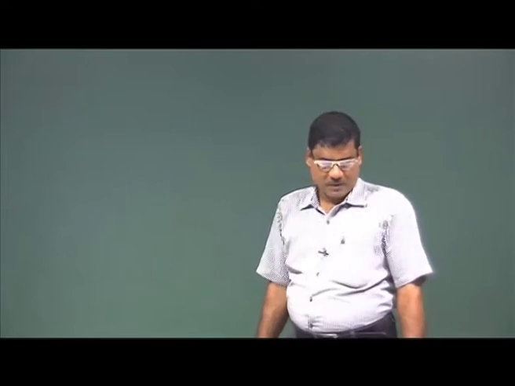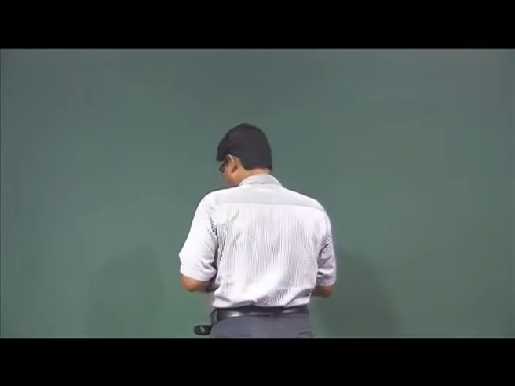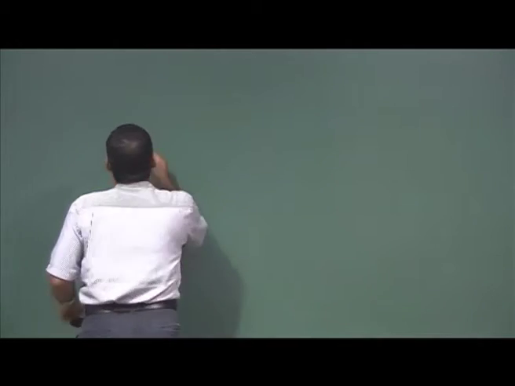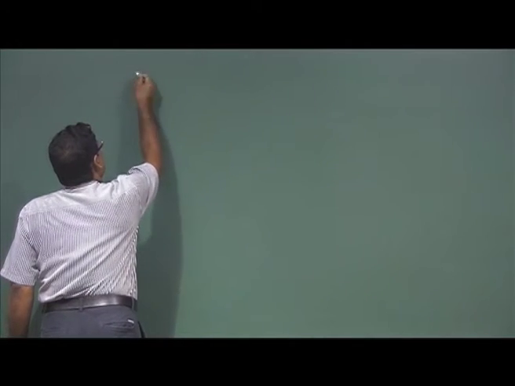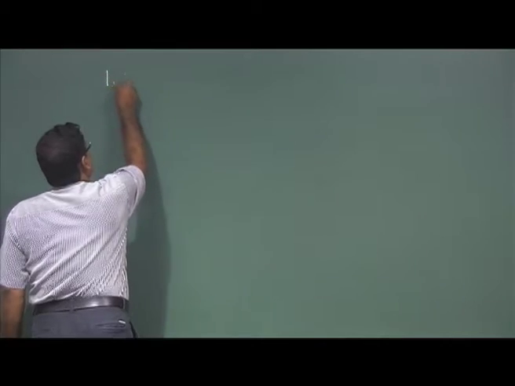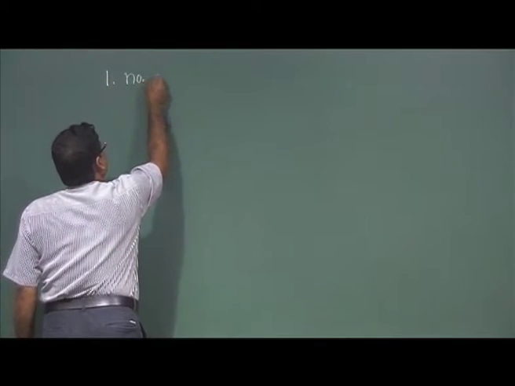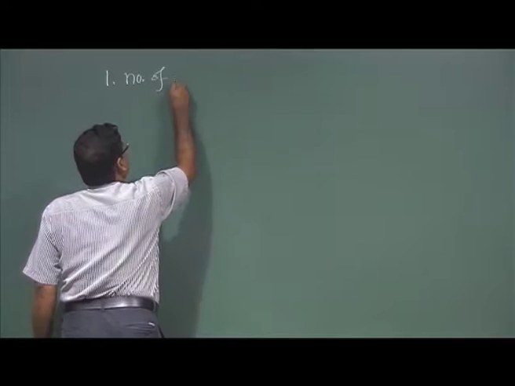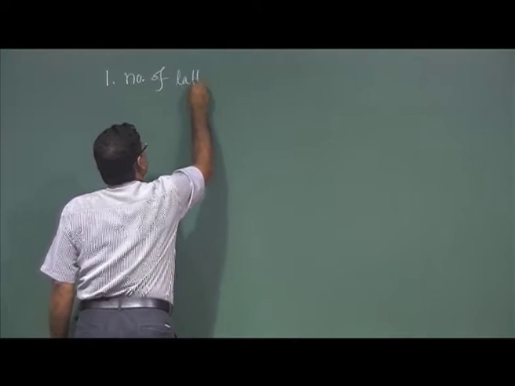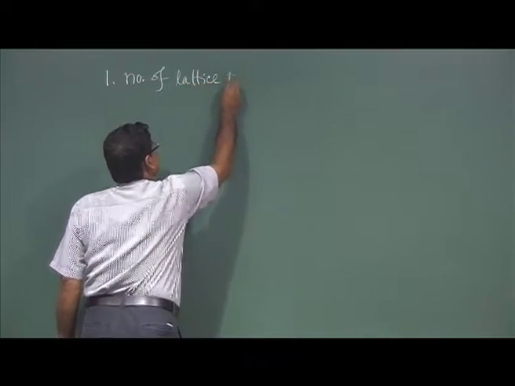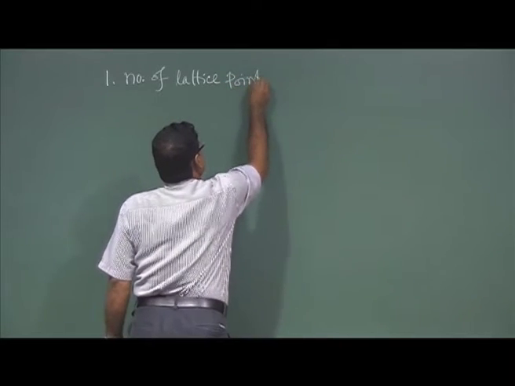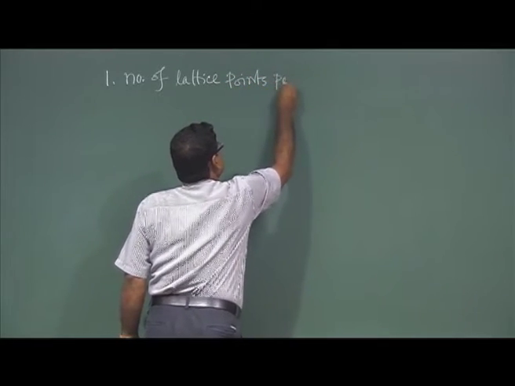So, we will continue calculation of some parameter. In last class we started, so this we have seen, the number of lattice point per unit cell.